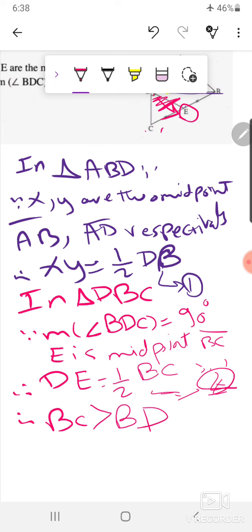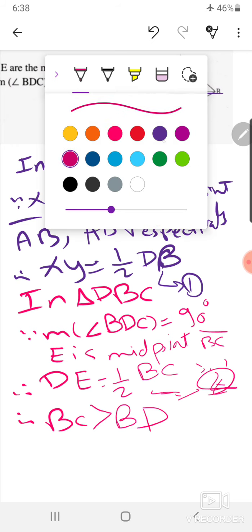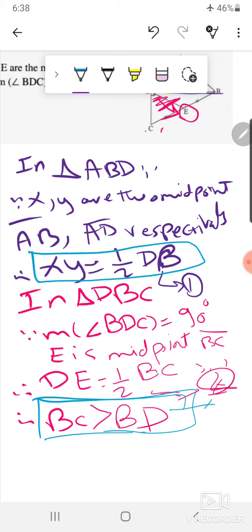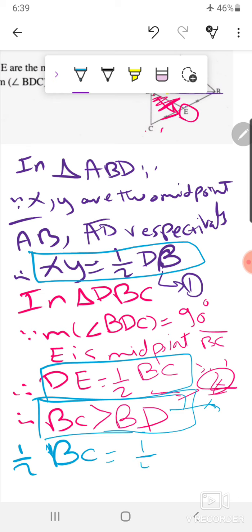Okay, now let's take this one, which is number 1, and number 2, and 3. So you have half BC is greater than half BD.